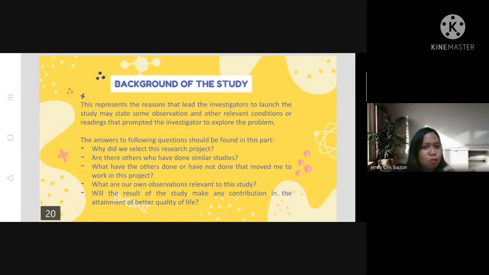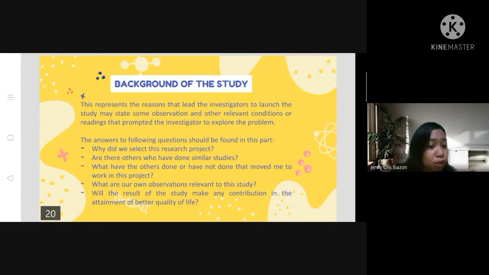Are there others who have done similar studies? Tinatanong din sa atin yan. What have the others done or have not done that moved me to work in this project? Ano ba yung ginawa ng iba at hindi nagawa ng iba na nag-encourage sa akin na gawin itong project na to? Okay? What are our own observations relevant to this study?